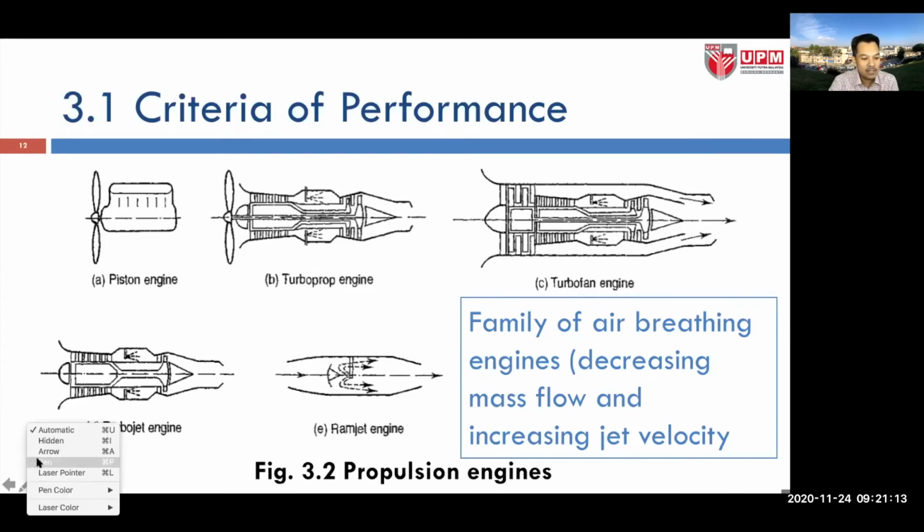The piston engine has less mass flow compared to the ramjet engine. And it is at the increasing jet velocity. So from A, B, C, D to E, the higher will be the jet velocity. So basically, you are talking about the M and the CJ over here, right?